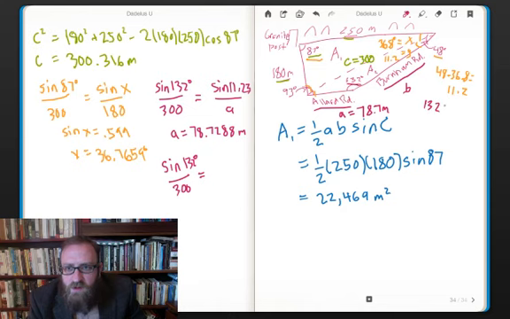132 plus 11.2, well, that's 143.2, and then 180 minus that, right? I'll just jot that here. That gets us angle, I guess we'll go ahead and call it 36.8.